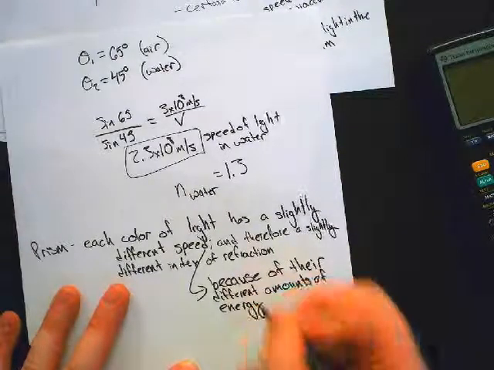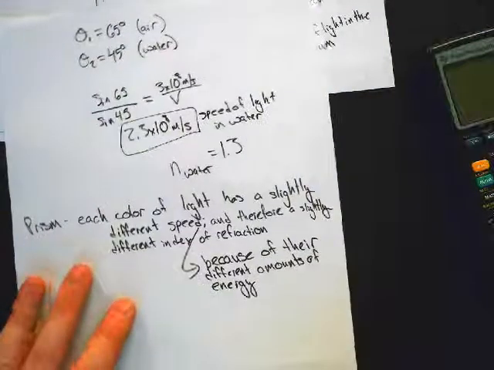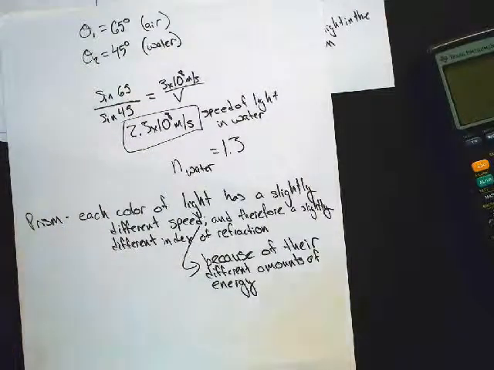So the ones with the highest energy would bend the least. So purple bends the least. The ones that would have the lowest energy, red, would bend the most.